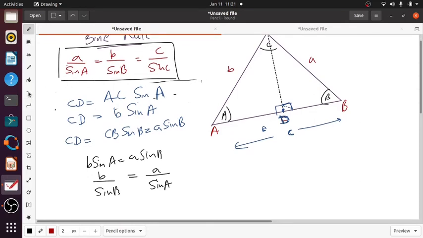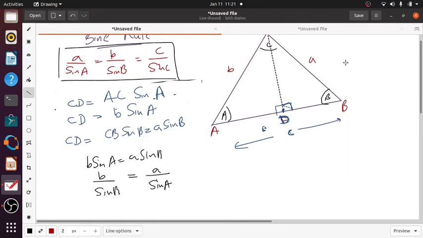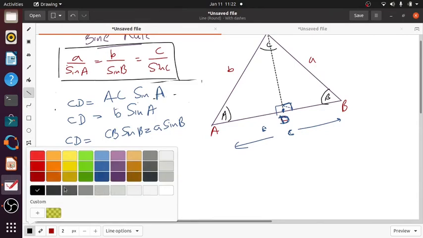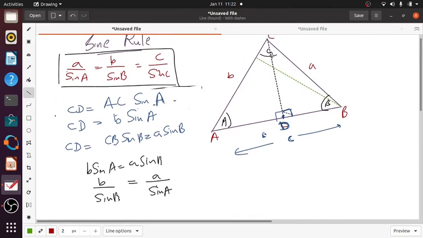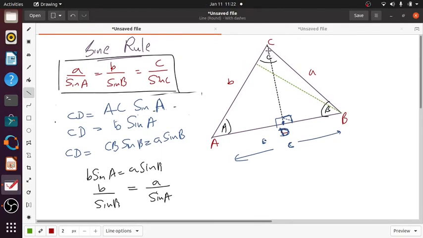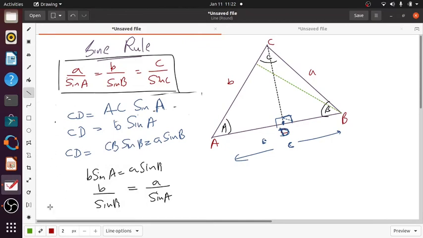So let me do it. I'm going to make another construction. Let me take this side. So if I construct a side like this, which is perpendicular to AC, let me name it DE.